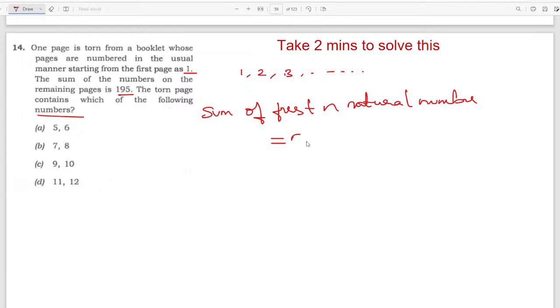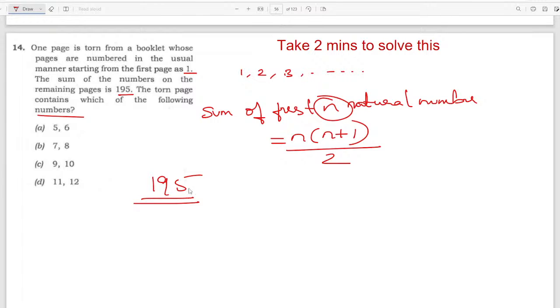That's equal to n into n plus 1 by 2. So now, because some pages have been deducted from the sum, the sum of the first some natural numbers should be more than 195. And when you subtract the torn page, you should get 195.